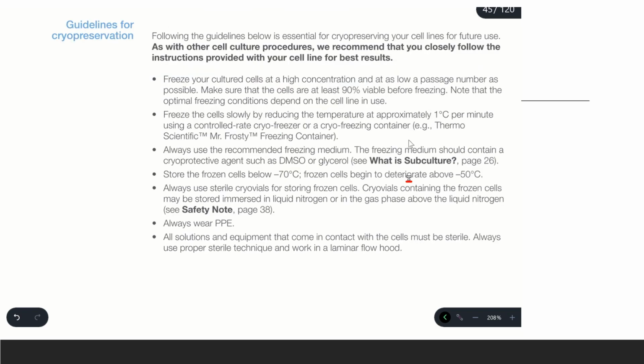Okay, so the freezing protocol will come from the company that sells you the cells. There's a basic protocol and then there are modified ones depending on the cell type. But basically you want to freeze the cells by reducing the temperature by approximately 1 degree Celsius per minute.